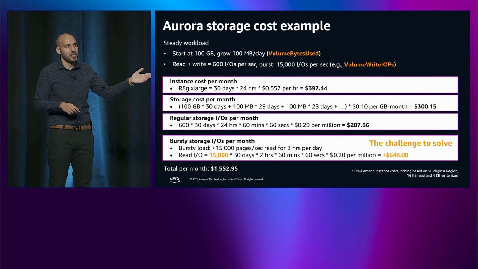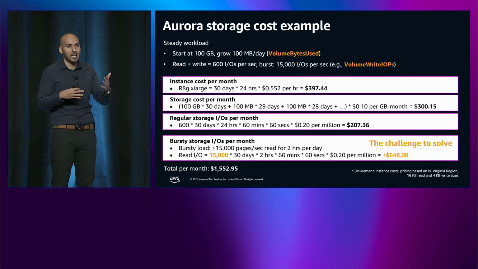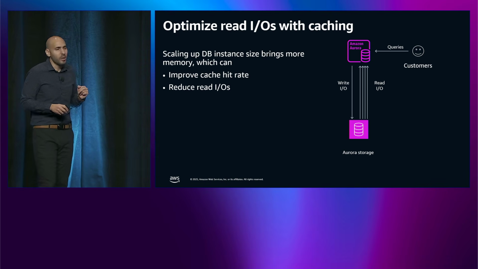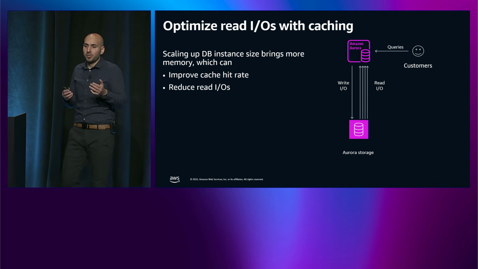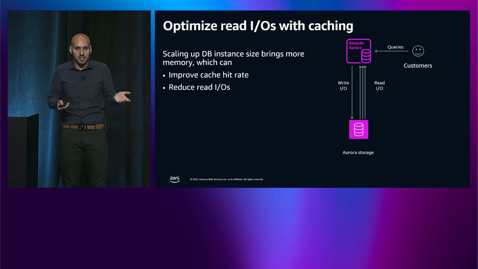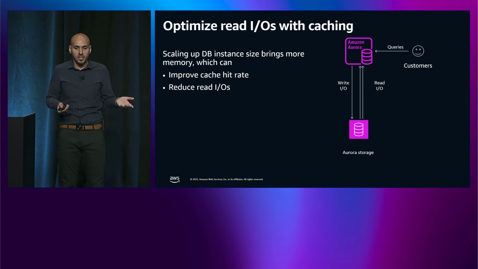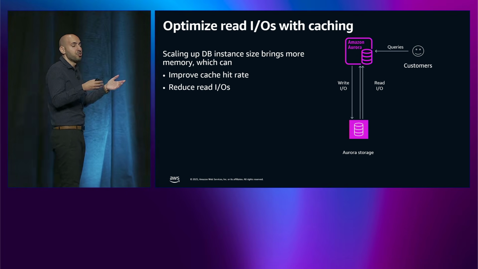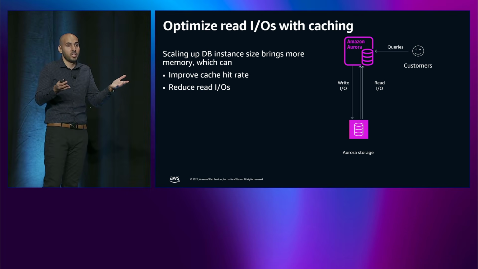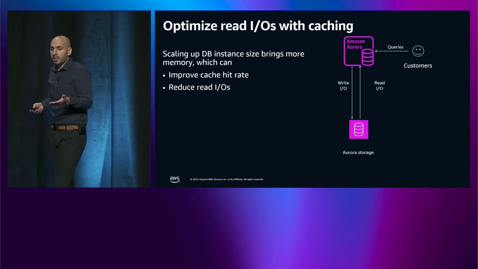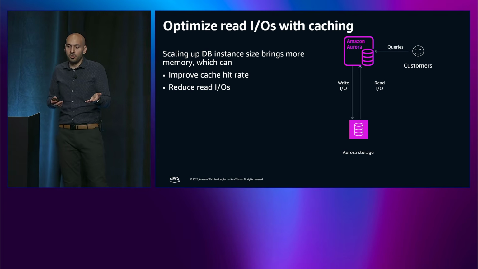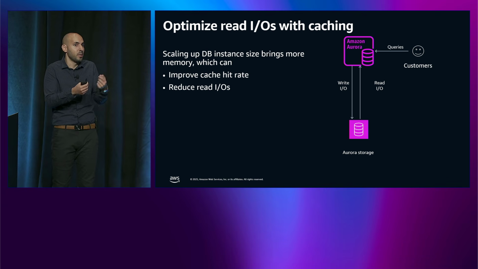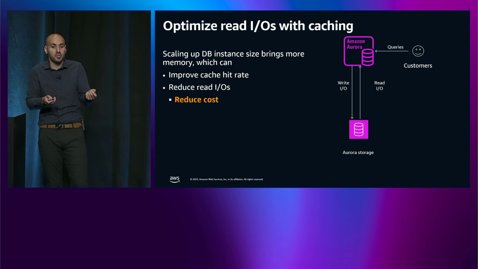And it also creates some predictability challenges because we cannot predict in advance how much I/O exactly we will use. One way to deal with this issue is to reduce cost by scaling up the instance, which brings more memory to the instance, which improves the buffer pool cache hit ratio. And by doing that, we are able to use more I/O reads from the memory instead of the disk. So that can reduce the I/O cost.